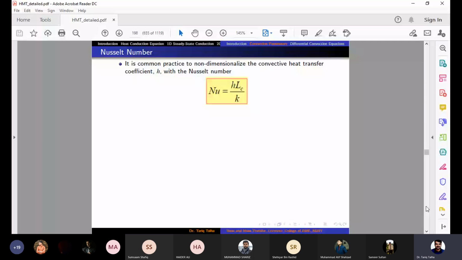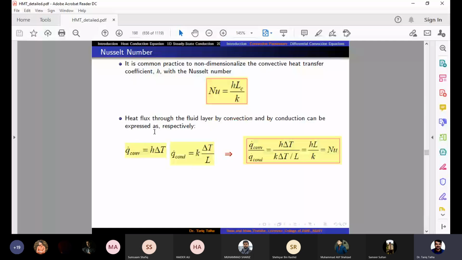Now, in order to quantify it, as I told you in the last class, maybe you don't remember, it is the ratio of convection heat transfer to the conduction heat transfer in the fluid.